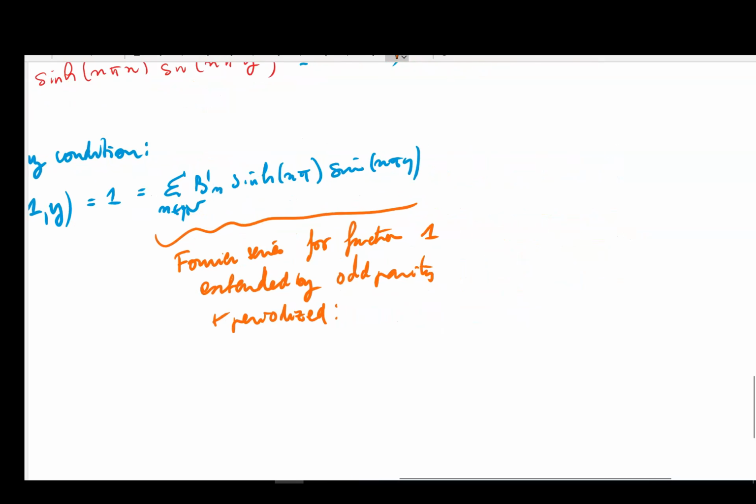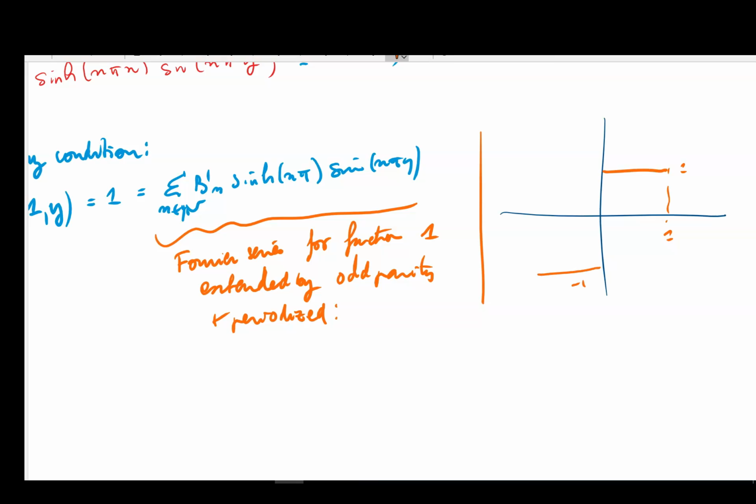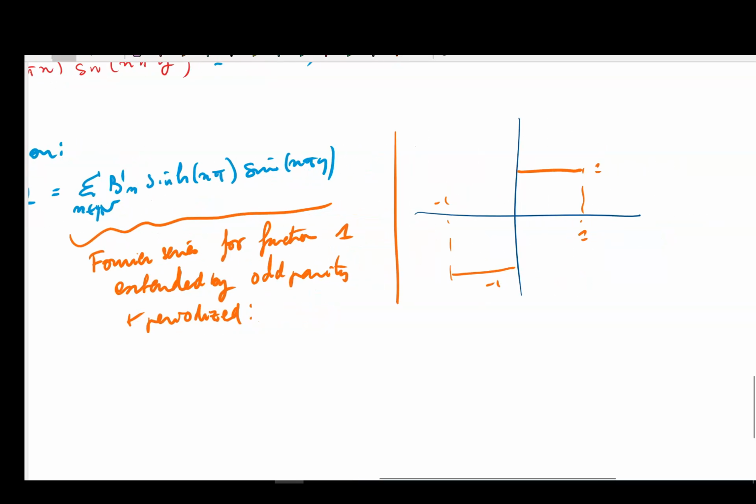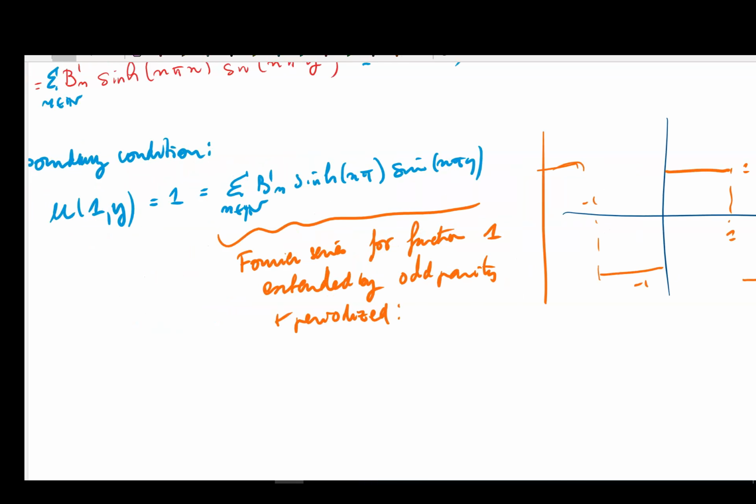So what are we looking at? We're looking at the Fourier series of the function that is equal to 1 between 0 and 1, extended by odd parity, so it should be -1 between -1 and 0, and then periodized. So this is the function that I want to make the Fourier series of.